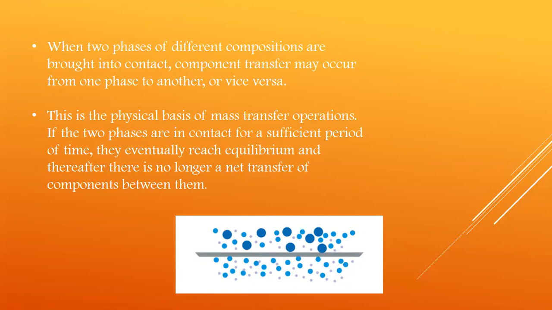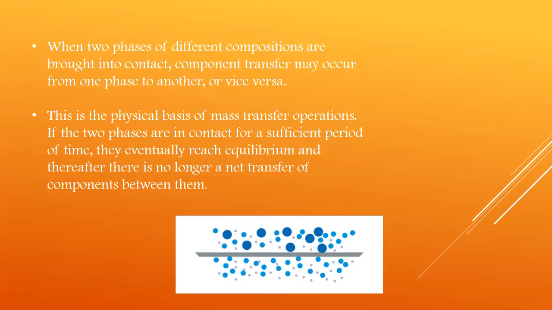And as such, we say that the rate of transfer of one component from one phase to another is already the same or equal. But that does not mean that the transfer already stopped. It's just that the rate of transfer from one phase to another, and from that phase where it was transferred back to the phase where it came from, is just the same.